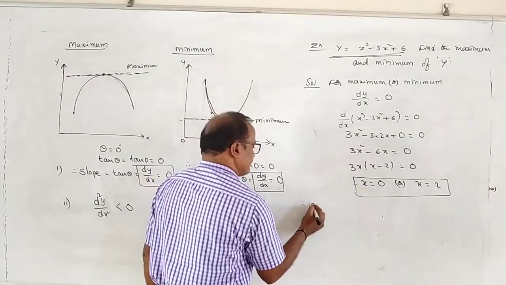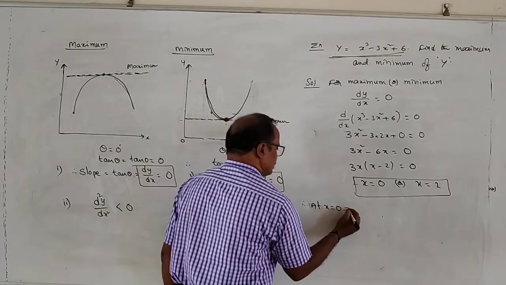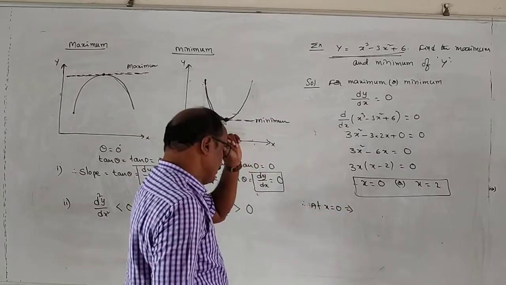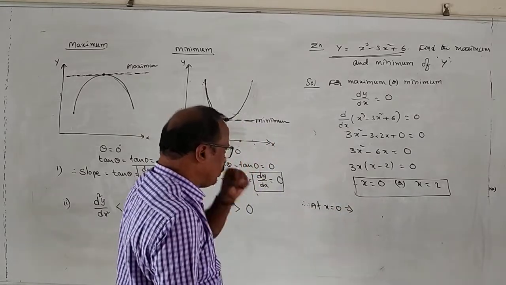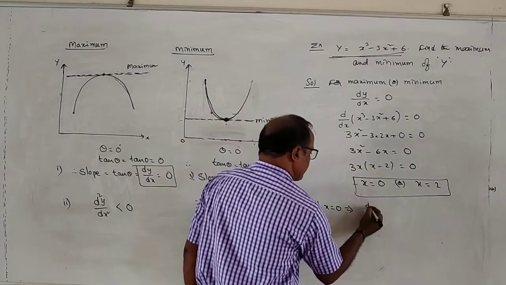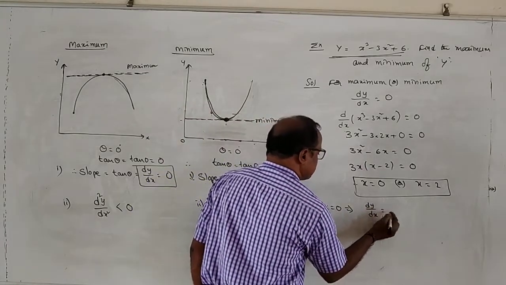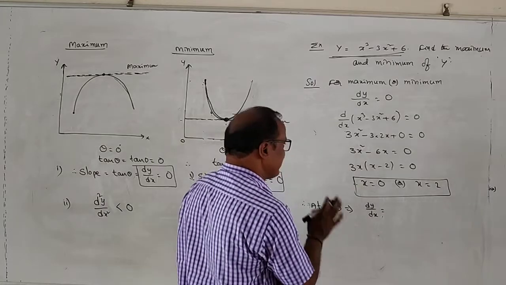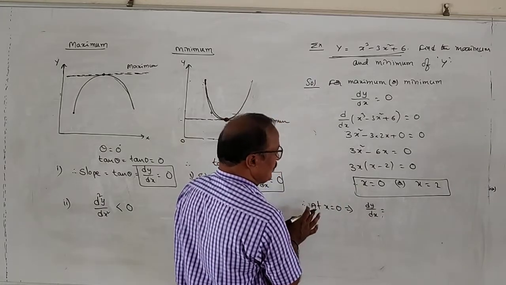Now, at x is equal to 0, what is the value of d2y by dx square? Again we can differentiate.